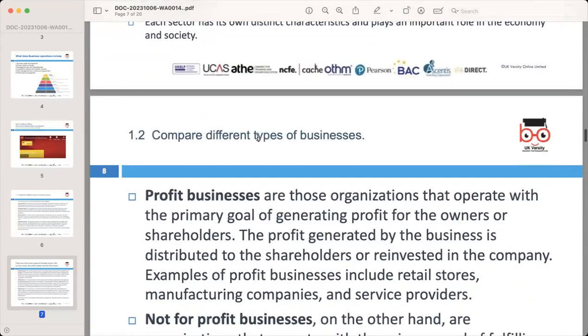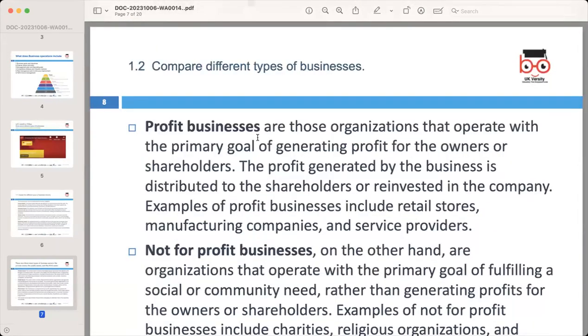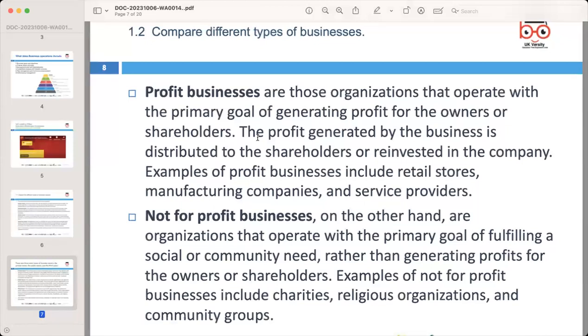Okay. So let's compare different types of businesses. Businesses come in various forms, and they can be classified based on their primary goals: profit businesses and not-for-profit businesses.